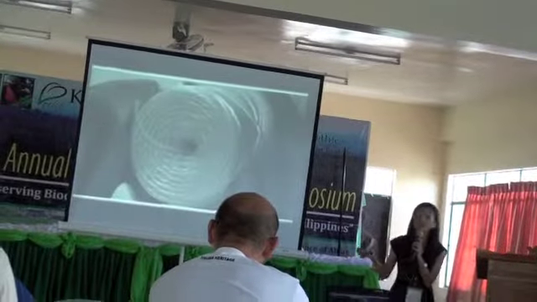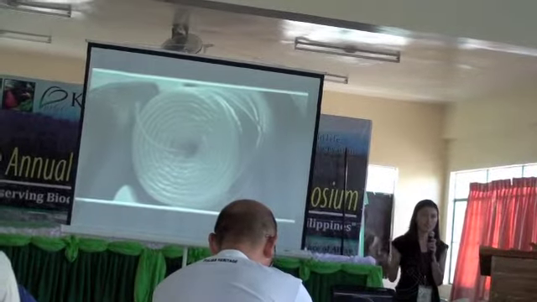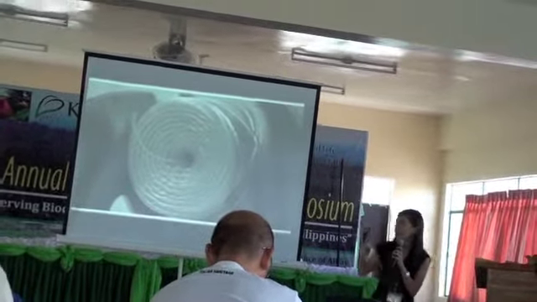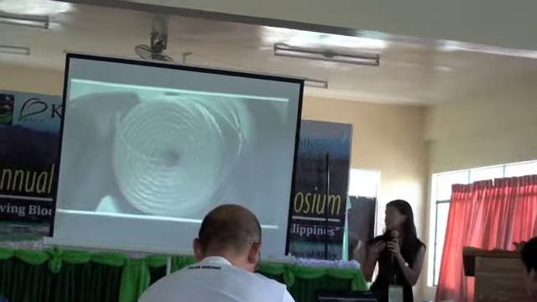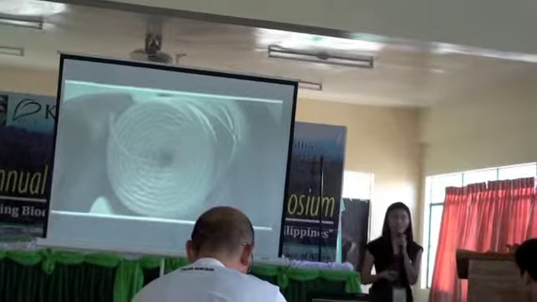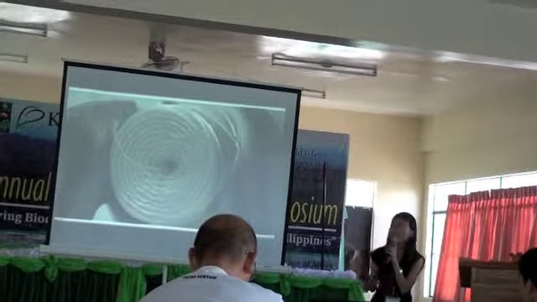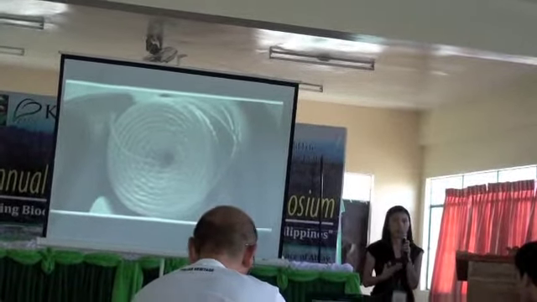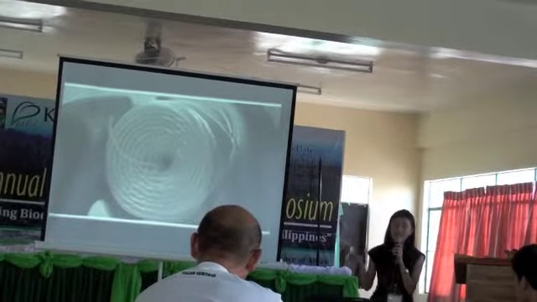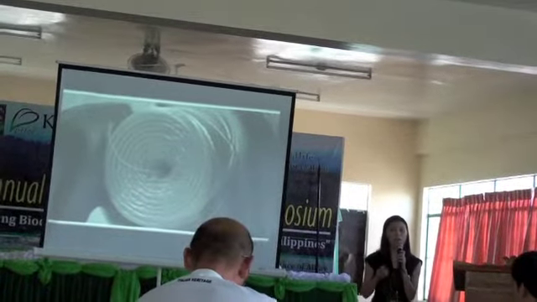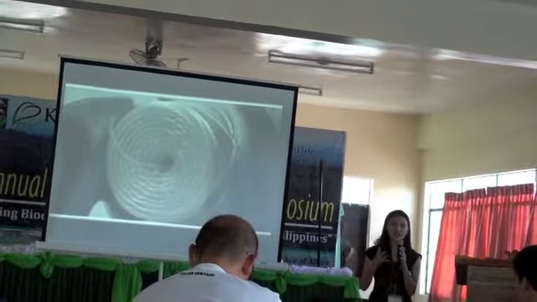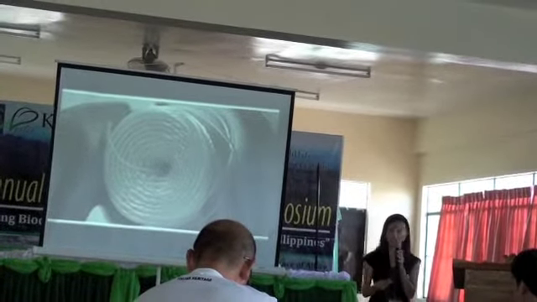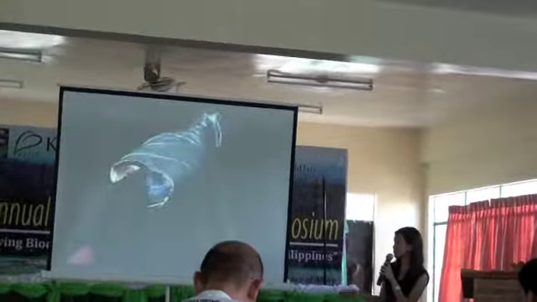The reason why we use this type of thread is that the end of the thread unwinds from the middle of the spool, not from the outside. So this prevents the thread from snapping or tangling when the snail forages and moves in the forest.